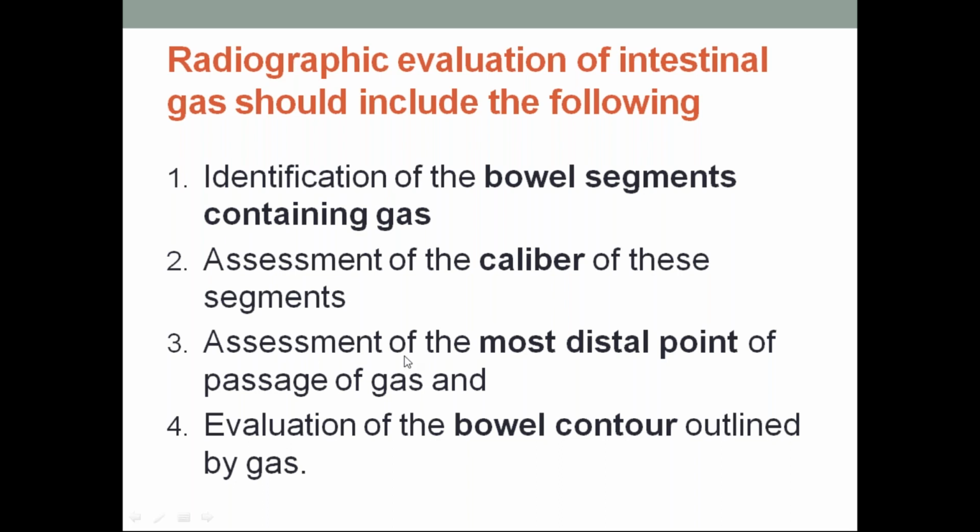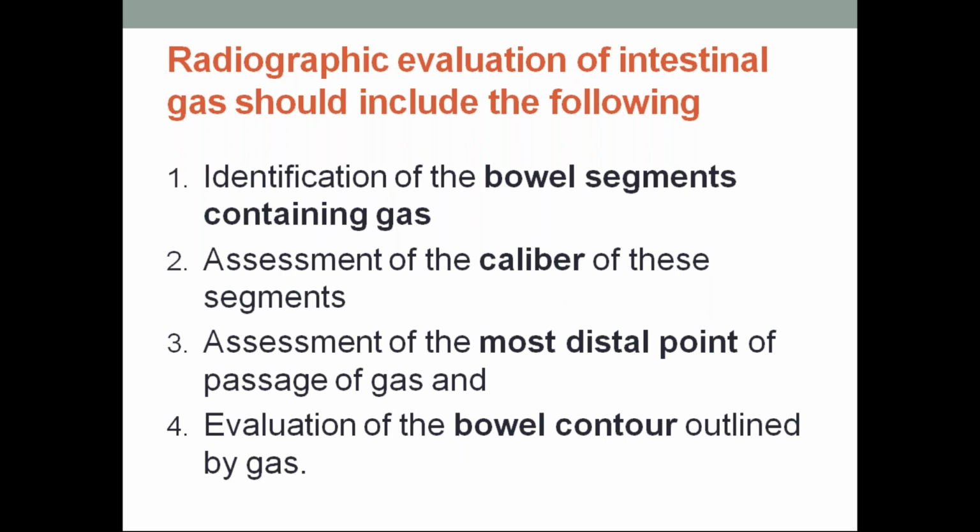Next, assessment of the most distal point of the passage of the gas. Normally, we all know the normal distribution of bowel gas at what levels, which I will show you in the next slides.